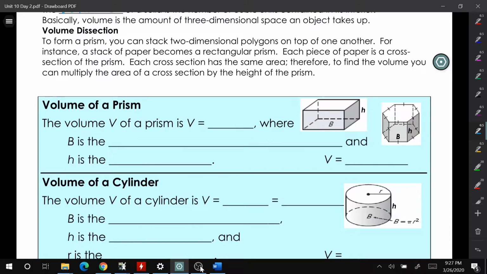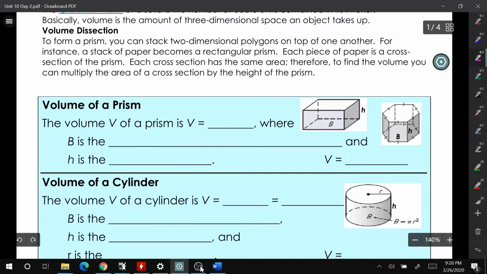You can think about your single sheet as a two-dimensional shape, and then as you add those two-dimensional shapes up, that's when you get your three-dimensional shape of the stack of paper made up from those single pieces of paper.